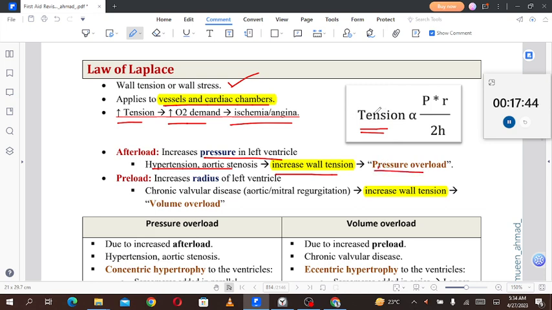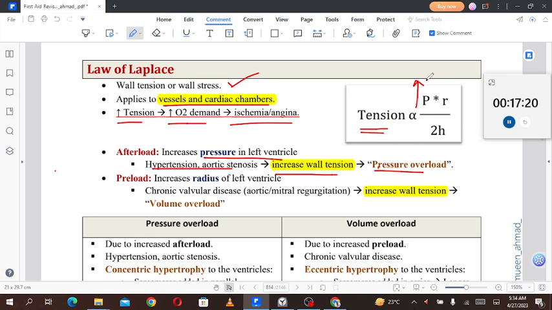So how is the wall tension increasing? Suppose there is hypertension and the ventricle has to push harder. Higher pressure must be created inside the ventricles to push the blood out into the aorta.